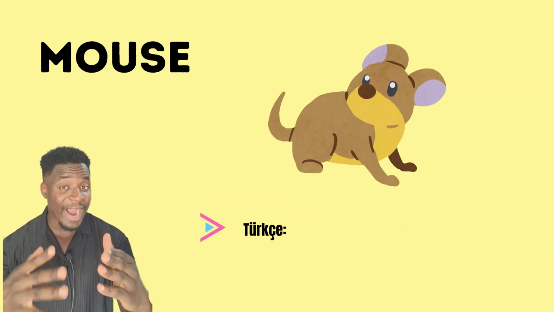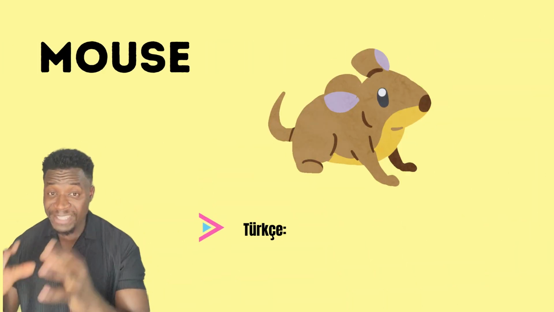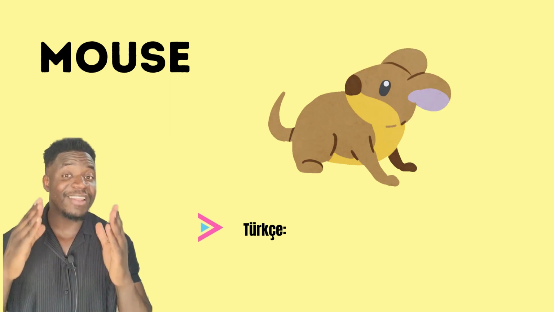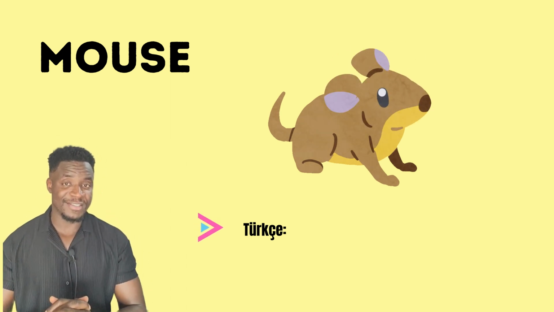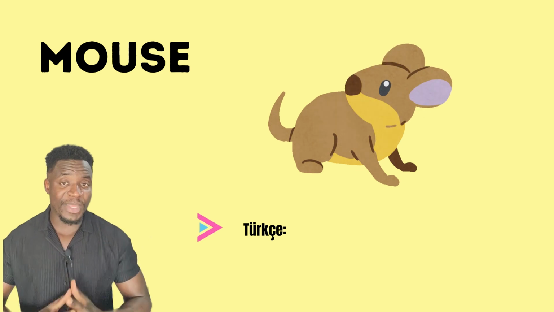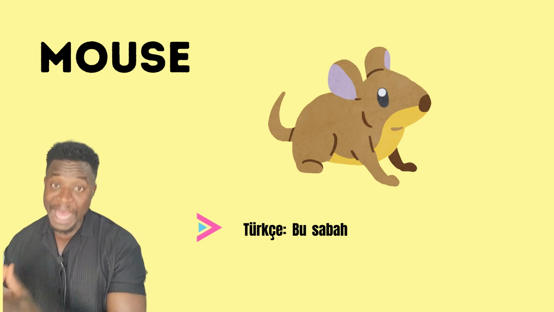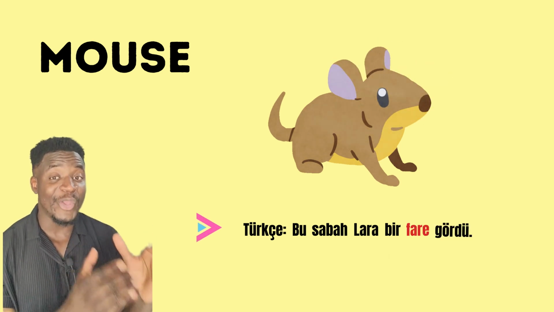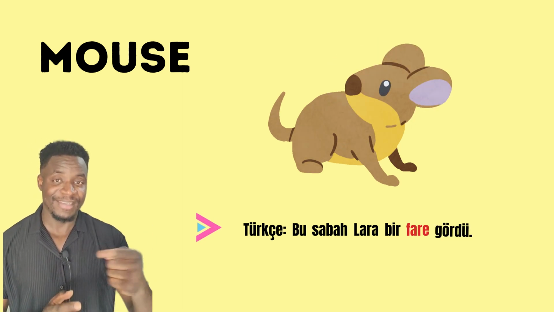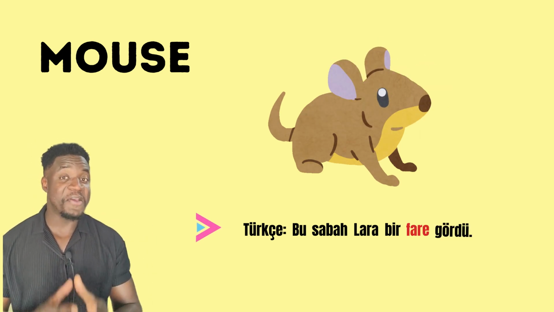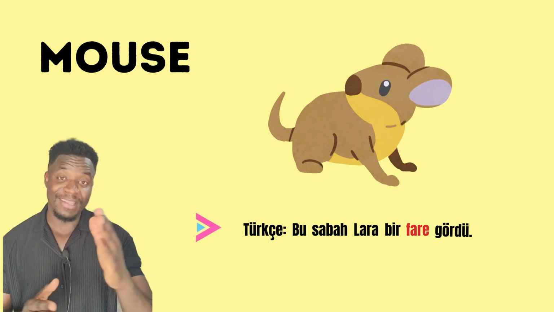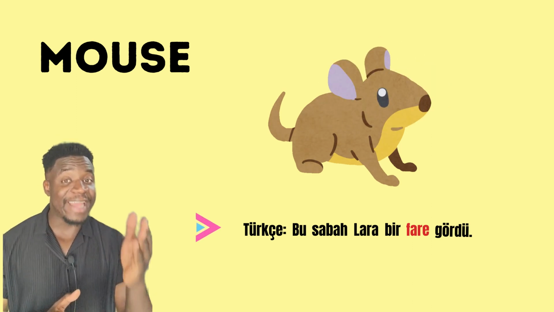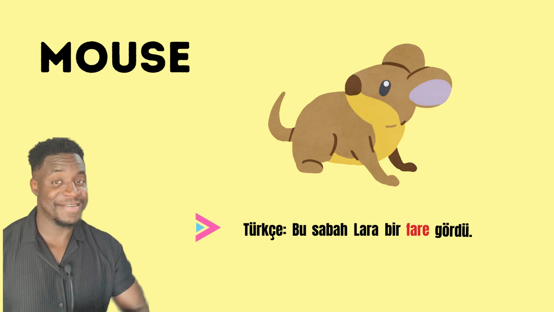So let's try to make this sentence in the Turkish language. So that could be, bu sabah Lara bir fare gördü. Let's repeat again. Bu sabah Lara bir fare gördü. Great.